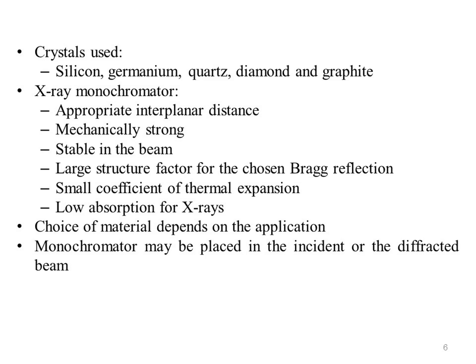Pre-sample monochromators such as quartz or silicon 111 are highly discriminating and can separate copper K alpha 1 radiation from K alpha 2 radiation, though at the expense of overall intensity.